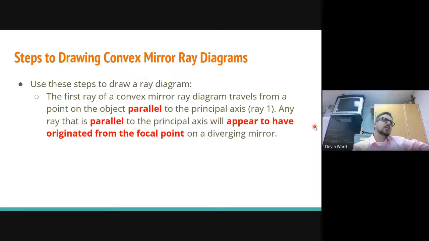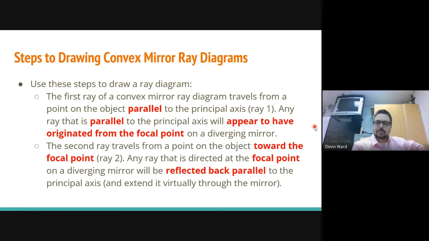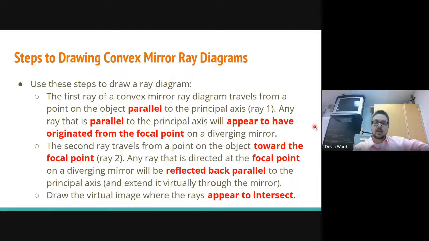Okay, I really hope I did this diagram right coming up. The second ray travels towards the focal point like it's originating from the focal point, but then once it hits the mirror, it gets reflected back parallel to the principal axis and also extended virtually through the mirror. Okay, and then it's going to make a virtual image, and you draw that where the rays appear to intersect.